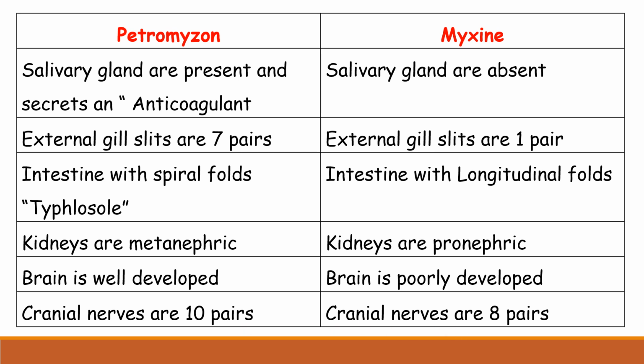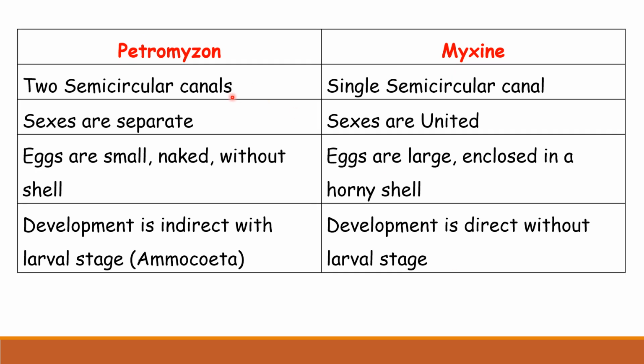On the other hand, in myxin, they have only 8 pairs of cranial nerves. In lampreys, there are 2 semicircular canals, but the hagfish has only a single semicircular canal. Here in lampreys, the sexes are separate, and in myxin, the sexes are united.